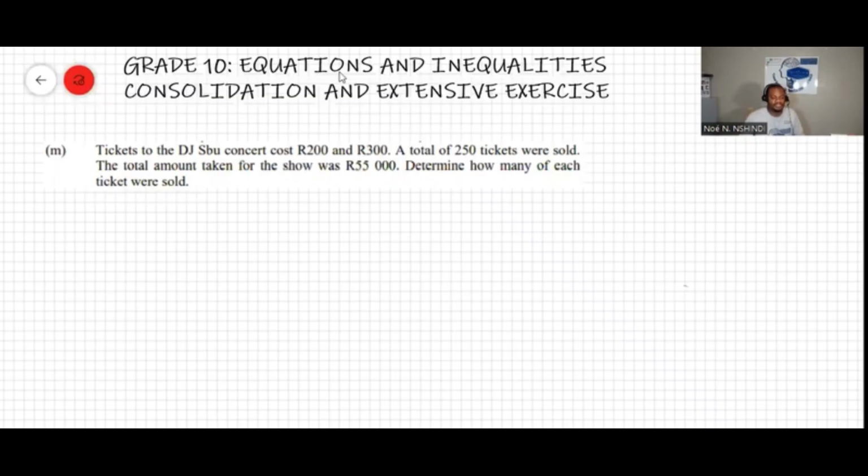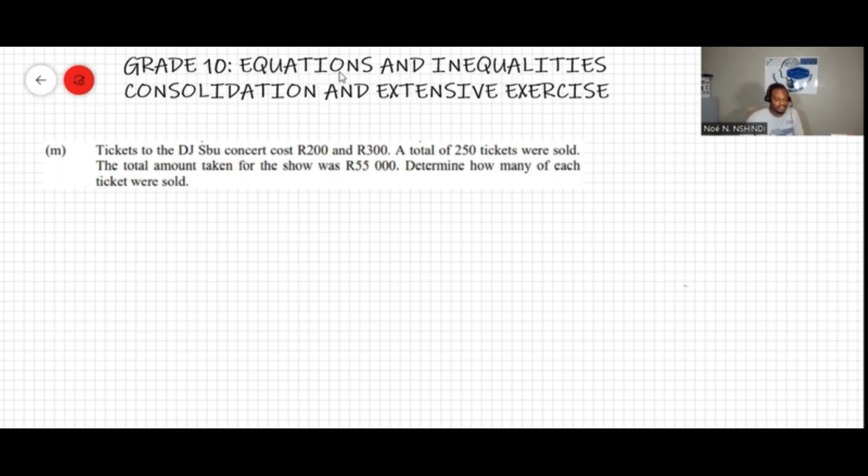Well, the next question says that tickets to the DJ SBU concert cost 200 Rand and 300 Rand. A total of 250 tickets were sold. The total amount taken for the show was 55,000. Determine how many of each of the tickets were sold.